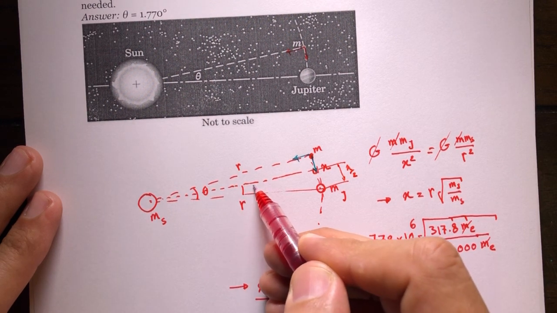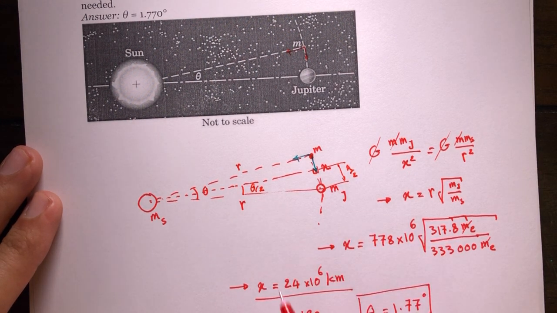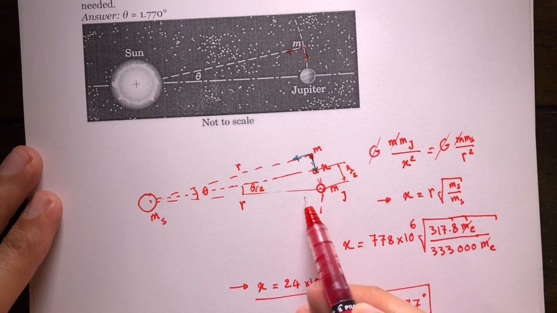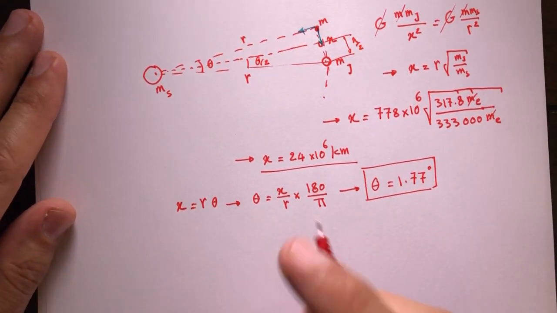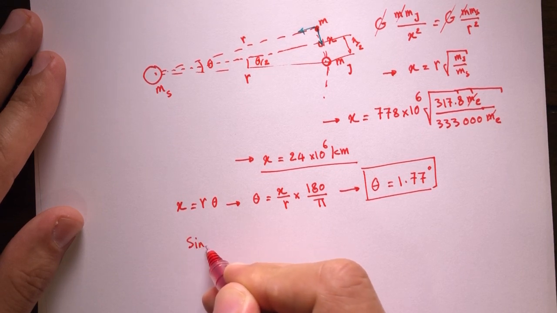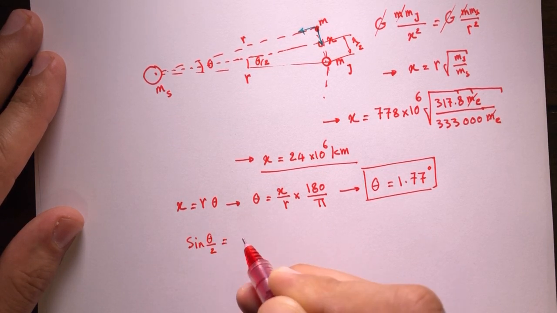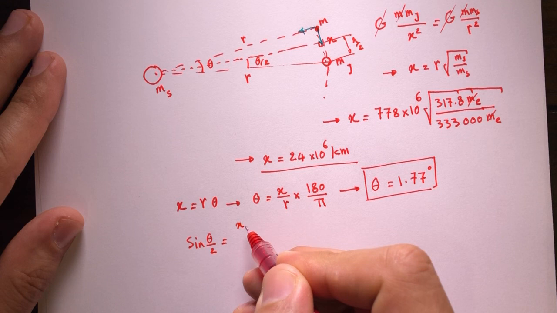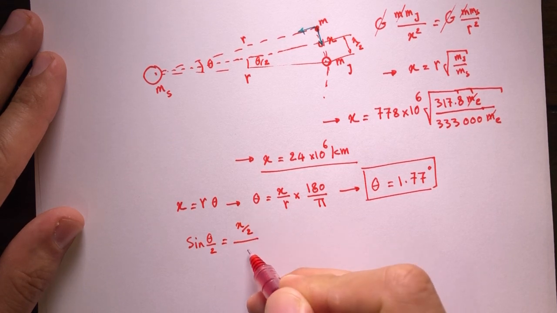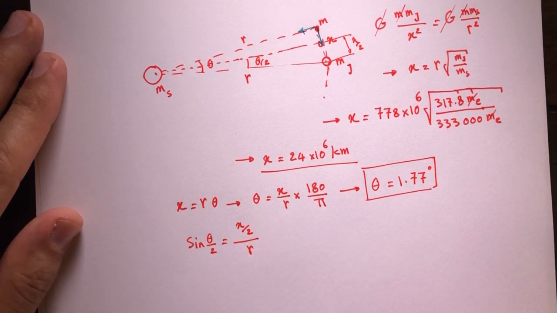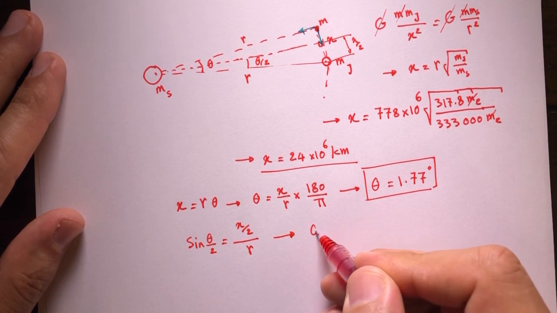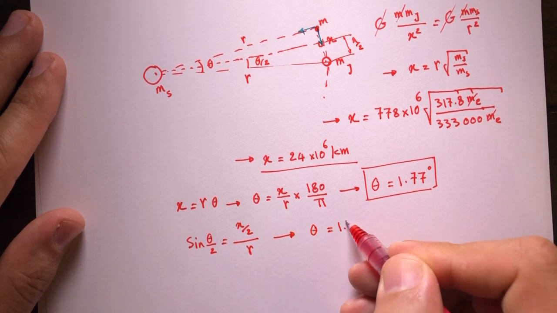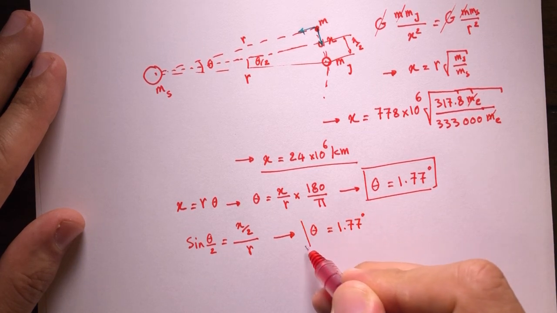So this angle, which is half of theta, sine of it is going to be x divided by 2 divided by r. So let's write it here. Sine of theta divided by 2 is equal to half of x divided by r. And if you put the numbers and do the sine inverse, you're going to find the same angle. It's going to be 1.77 degree.